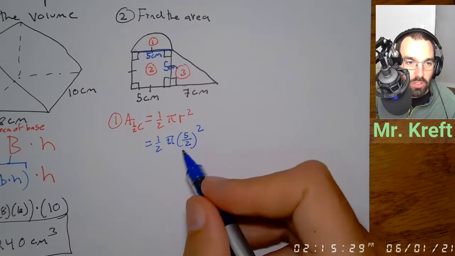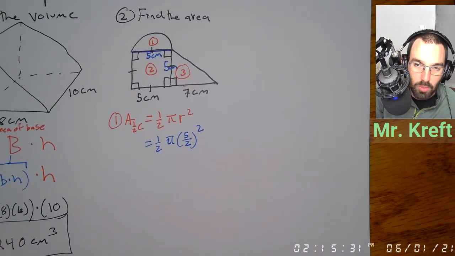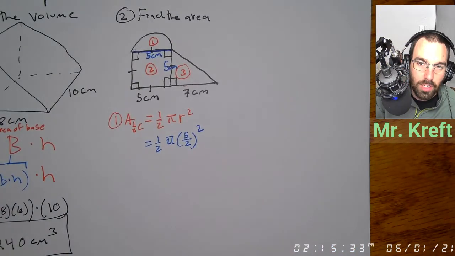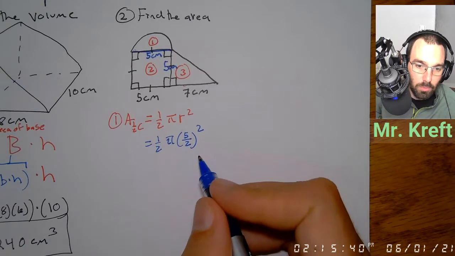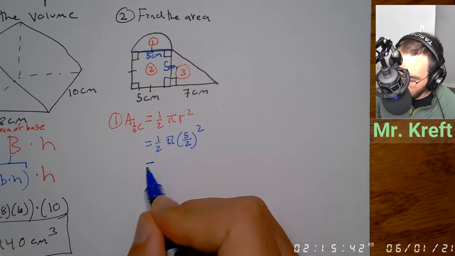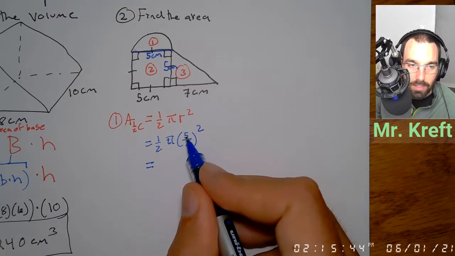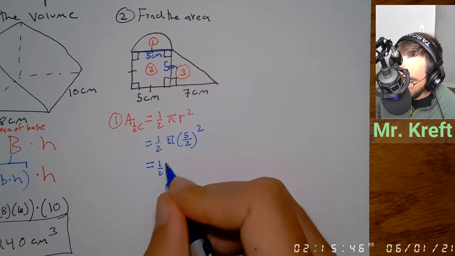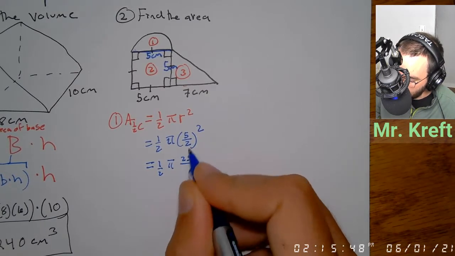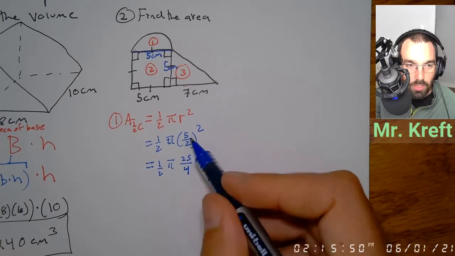Now, again, we don't want decimals, right? We don't want to round. So it's really important that when we're doing this, we avoid decimals. So when I do this, I'm just going to say, hey, squared. 5 times 5 is 25, and 2 times 2 is 4, right?